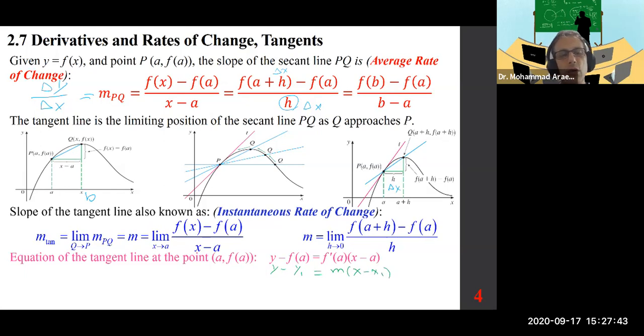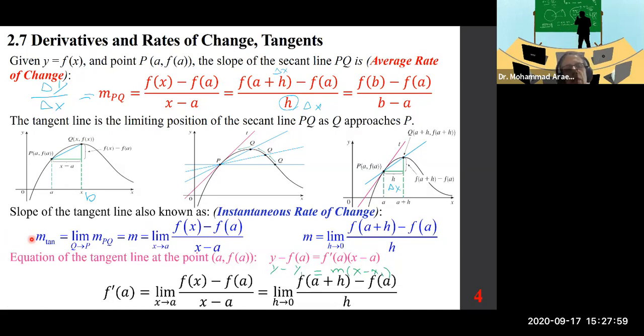It's the same good old point slope that you know, class. There's nothing brand new. You don't even have to memorize that. F of a is y sub 1, f prime of a is m, and a is x sub 1. So we are simply repeating the formulas here. And this is m of tangent line, or f prime at a. Okay, very straightforward.